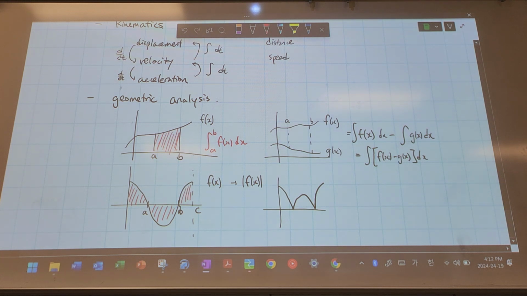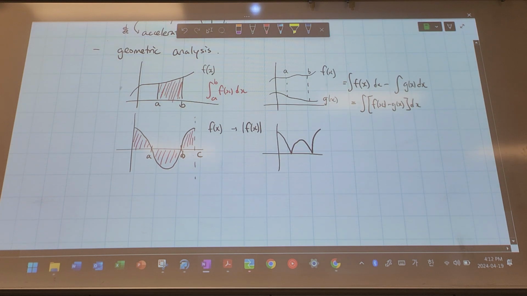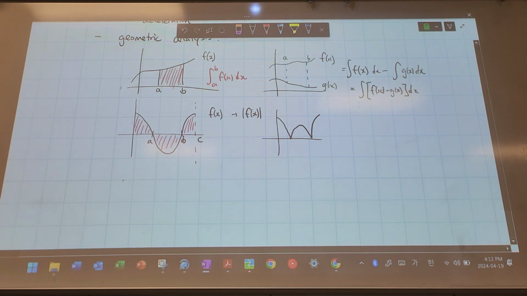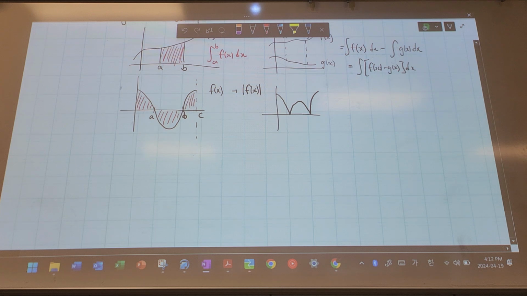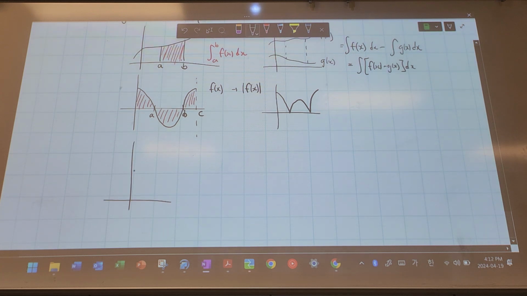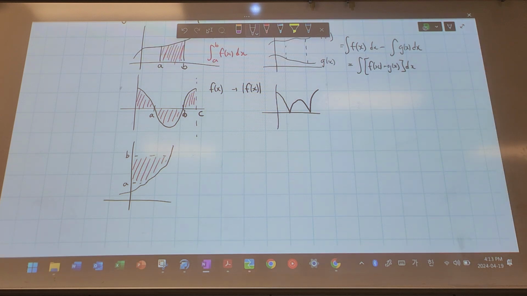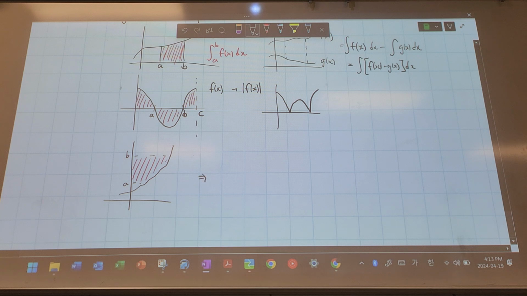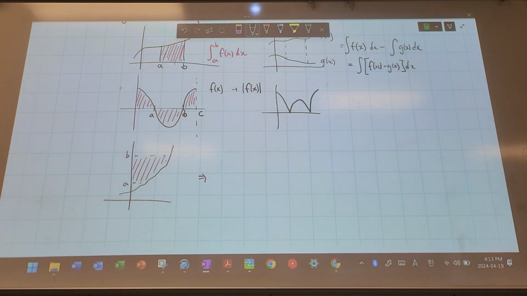Okay. And then of course we can take this a step further. I can give it a twist here by trying to find the area between the y-axis and the curve like this. What I like to do in this type of question is just find the inverse of it.